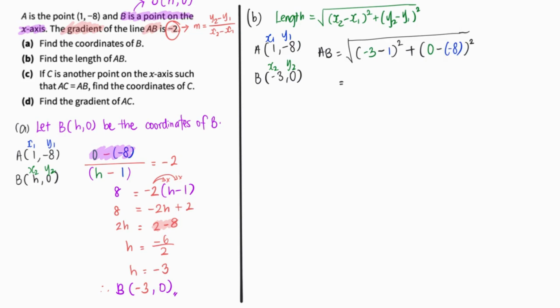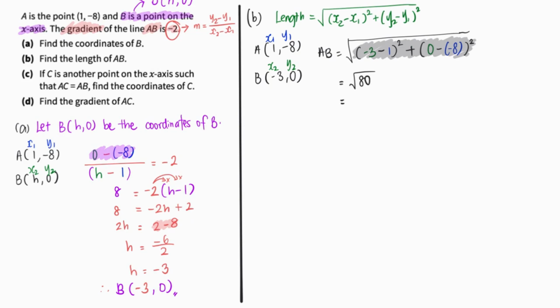Okay, and just in case later on for the next few parts I may need this length again, I do want to know what root this is. So I'm going to press my calculator, and this will give me a square root of 80 units.